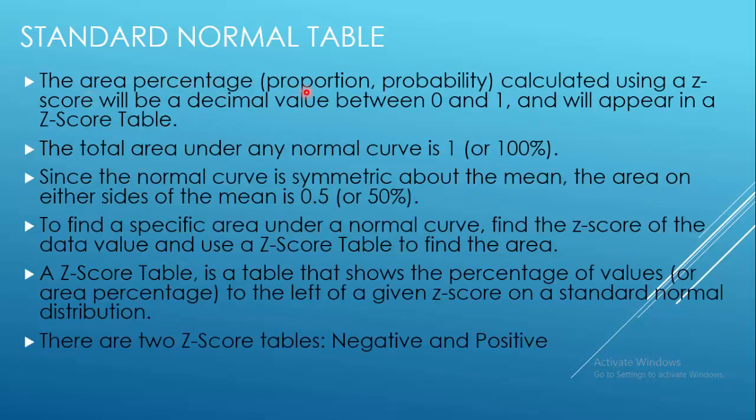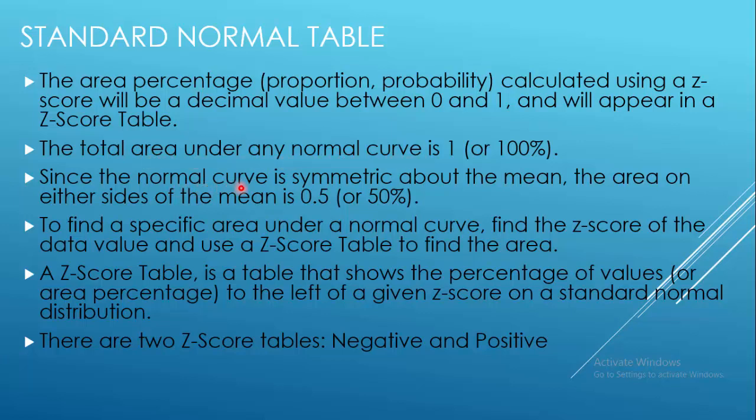The area percentage, whether you call it percentage, proportion, or probability, is the same thing. The area calculated using a z-score will be a decimal value between 0 and 1 and will appear in a z-score table. The total area under any normal curve is 1.